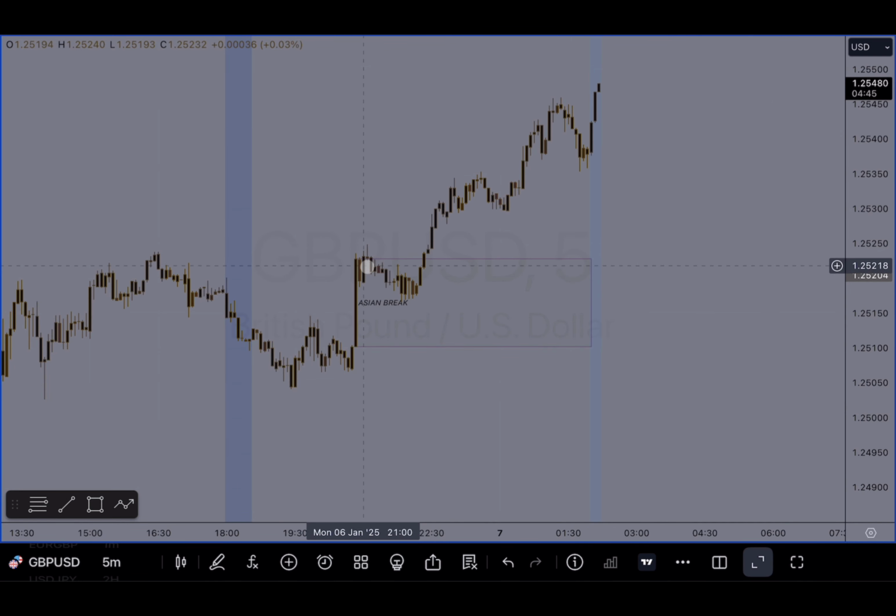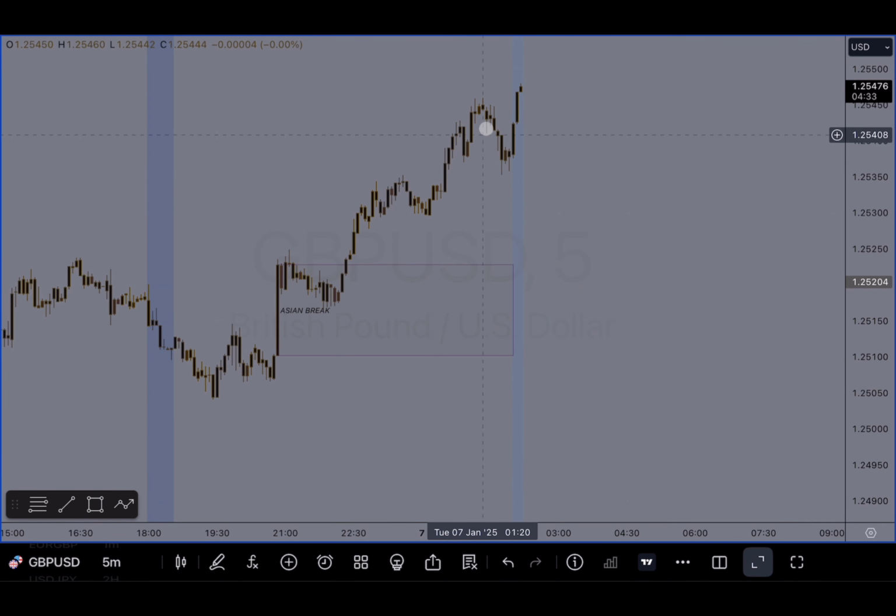We did not have it closing to the downside here as a reverse on our pivot, so we will not be able to transfer. Actually, you guys, we're gonna have to keep this one for now, and we're just gonna have to wait and see if we get a better level to choose from once our initial balance has elapsed for the London session, and see if we get a close on that.